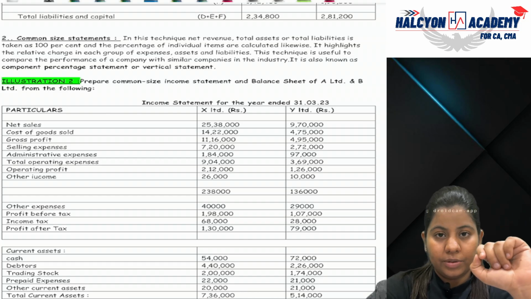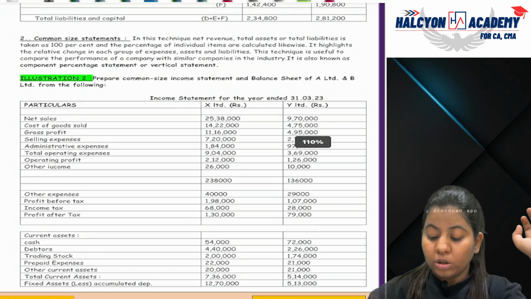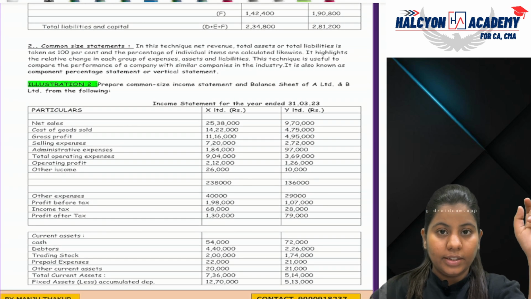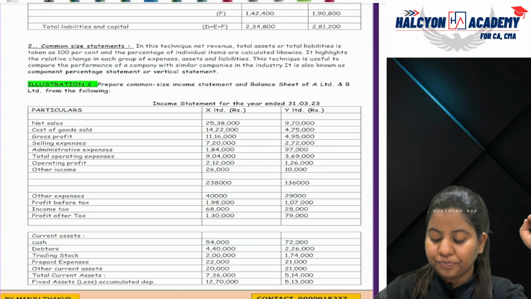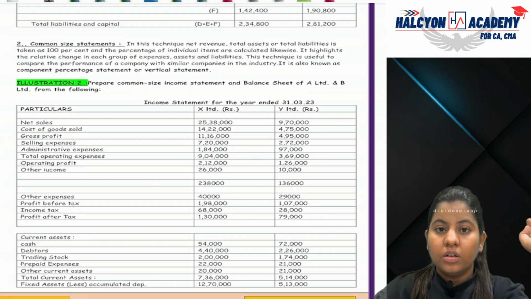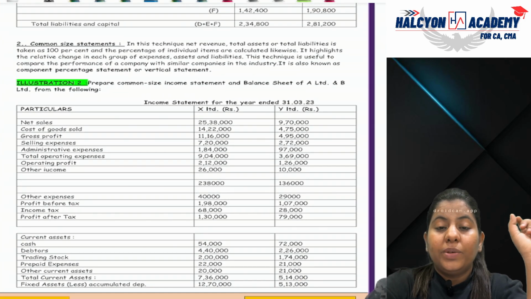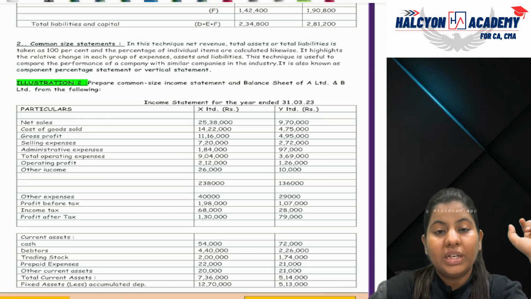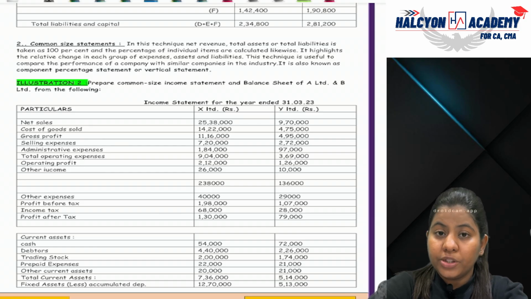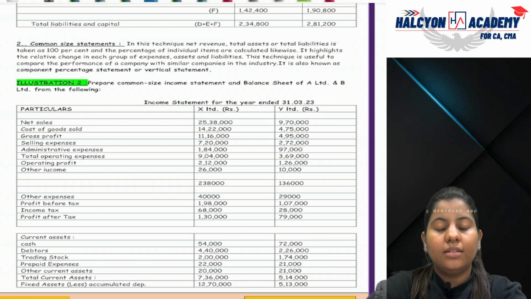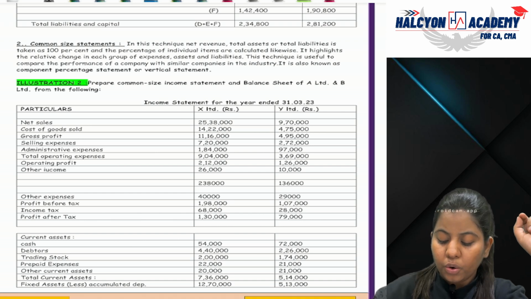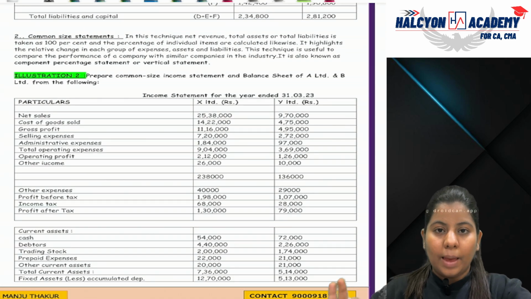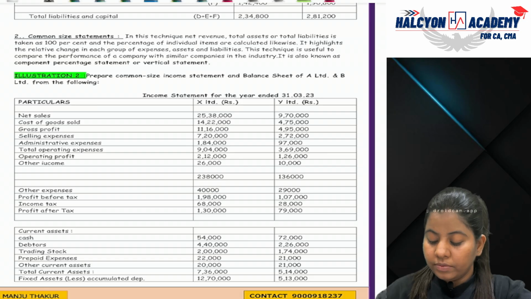You know that both sides of the balance sheet, total assets and total liabilities, are always the same, right? So we can take either, the amount will be the same. Okay, so I will give you an example so it will be very clear to you all.